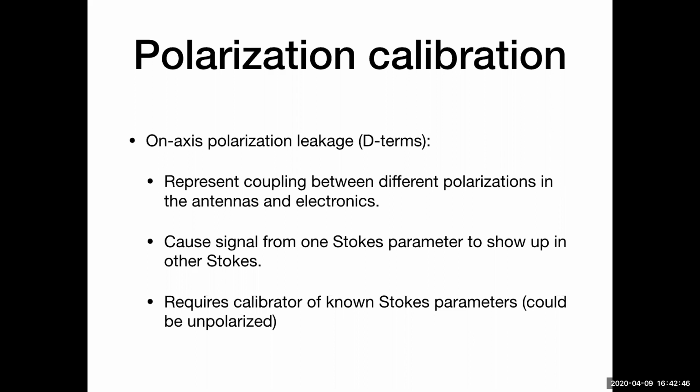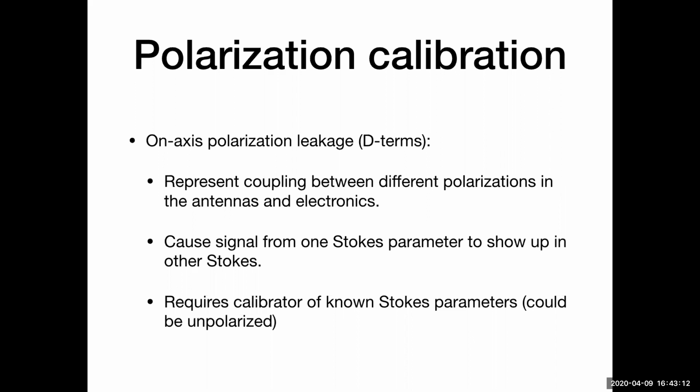Traditionally, it's quite often done using unpolarized sources, because the dominant problem with leakage is usually Stokes I into Stokes Q, U, and V. You could have an unpolarized source that appears polarized, because any source has Stokes I, but not all sources have Stokes Q, U, V non-zero.